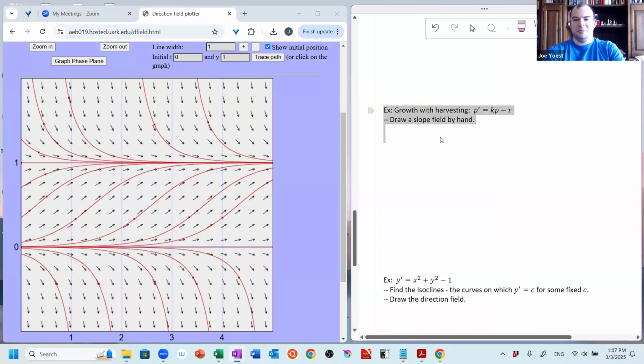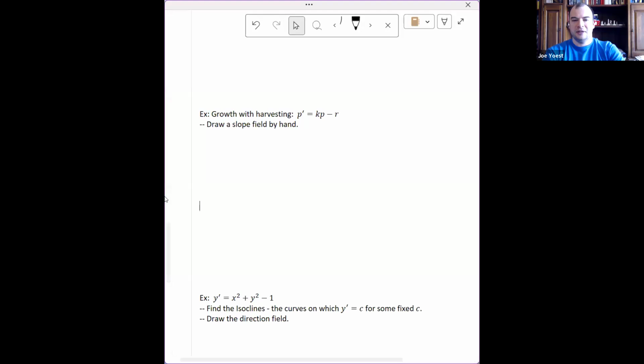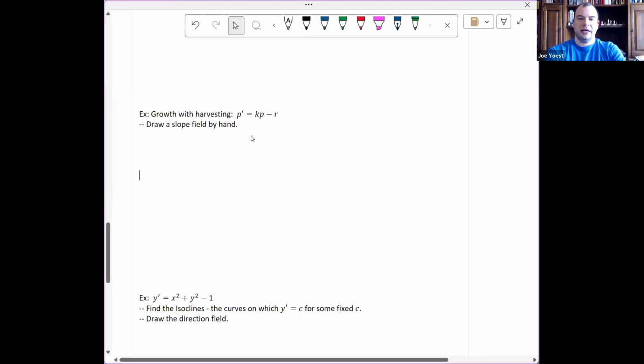So let's take a look at an example like this, growth with harvesting. Here, P prime equals kP. This is like the Malthusian model, but then minus R. Here we're going to focus on, let me switch back to just OneNote, drawing this by hand, because I have K and R here as parameters.